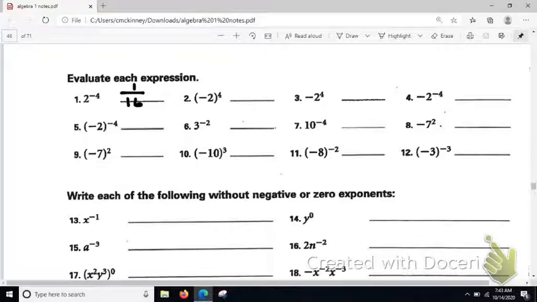Now, negative numbers doesn't mean the same thing as a negative exponent. When you have negative numbers, keep in mind this -2 with parentheses around it means the -2 is raised to the 4th. So that means there are 4 -2's written out to be multiplied.